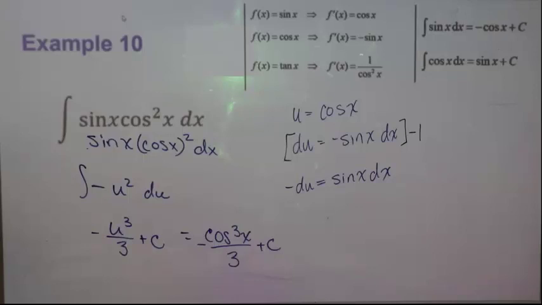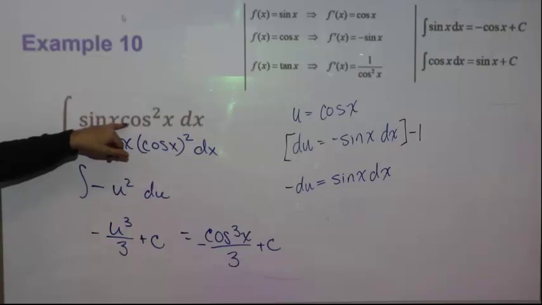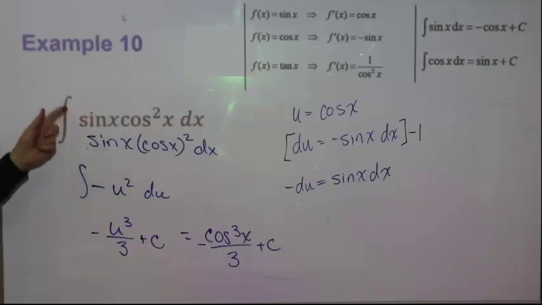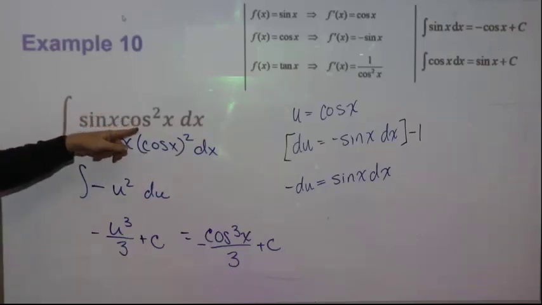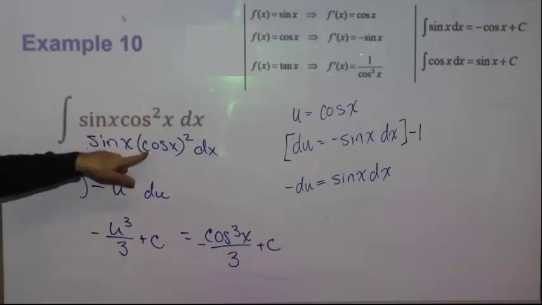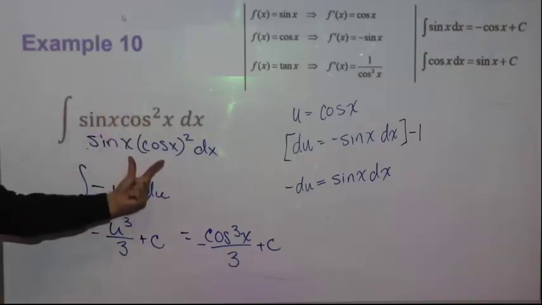So, when you first start off looking at this integral with the two trig functions, it's kind of natural to think, am I taking the integral of the sine function or the integral of the cosine? Because cosine's raised to an exponent, it's actually the function inside the function.